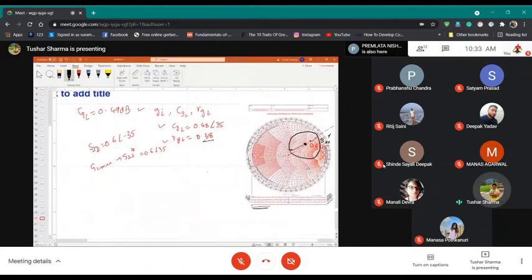Now the question is, any impedance on this circle will give me a gain of 0.49 dB. Any impedance. I select this, I select this, I select this. Just to be sure, if you are not seeing it, this is my R equal to 1 circle.